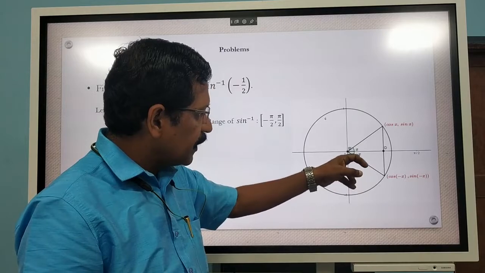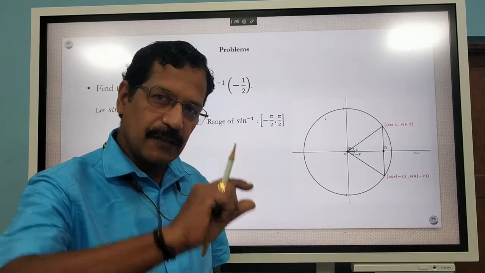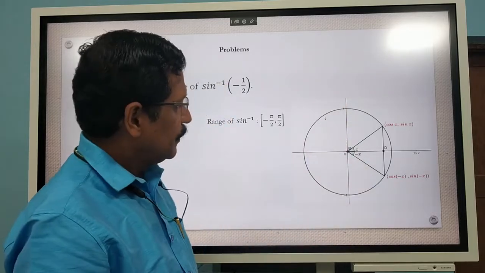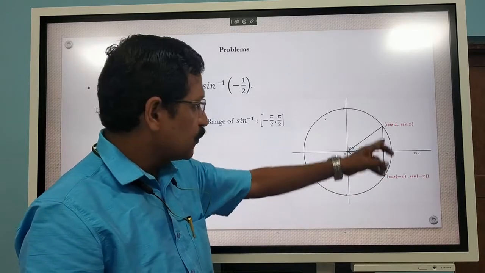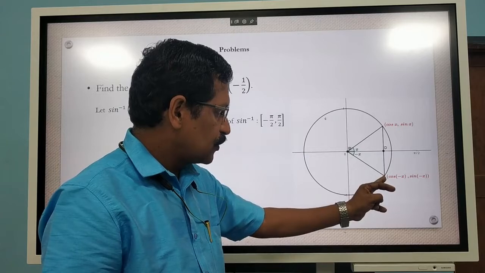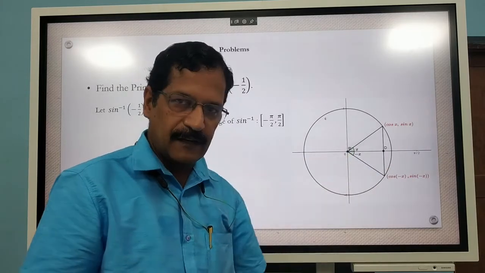Now minus x is the same measurement in the clockwise direction. Automatically the coordinates of this point will become cos of minus x, sin of minus x, because it is a mirror image about the x-axis.